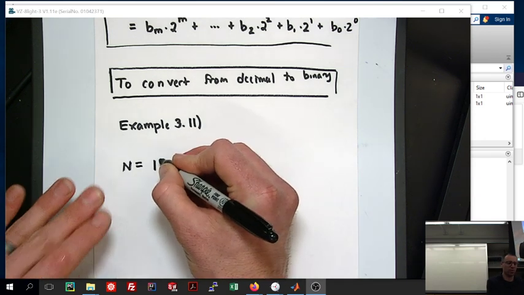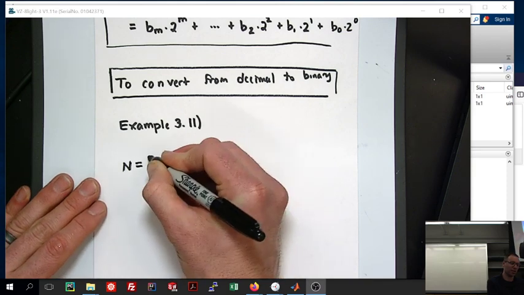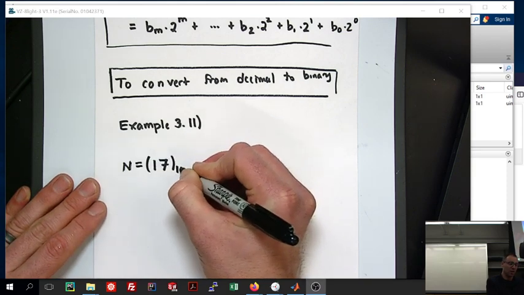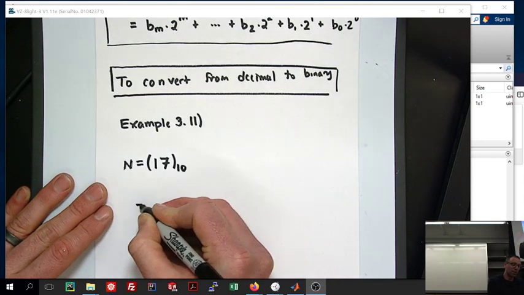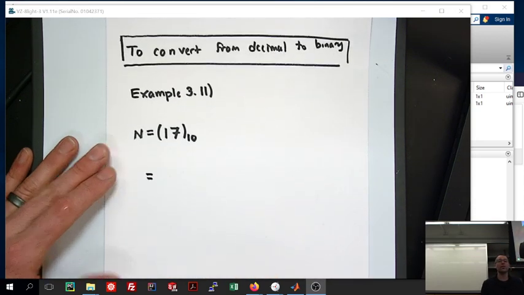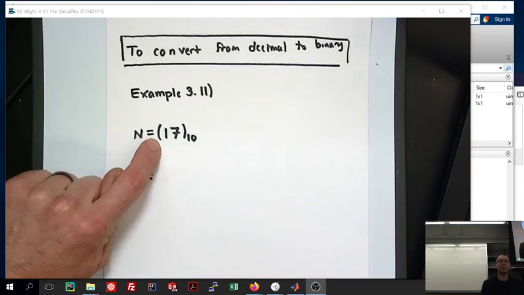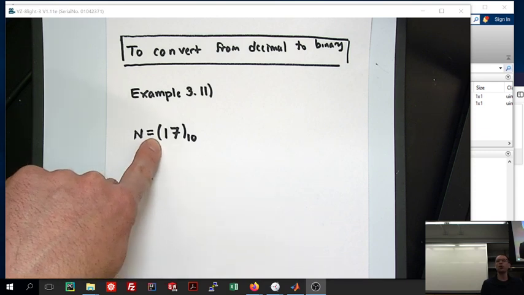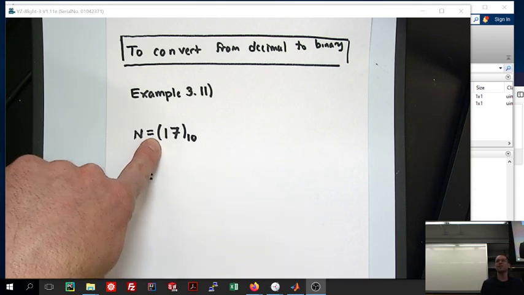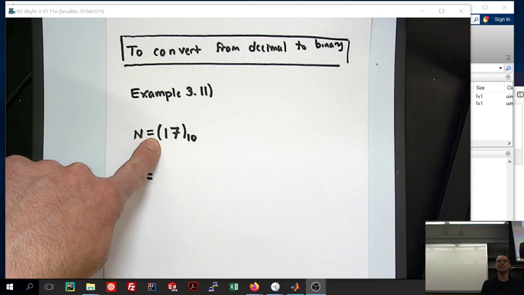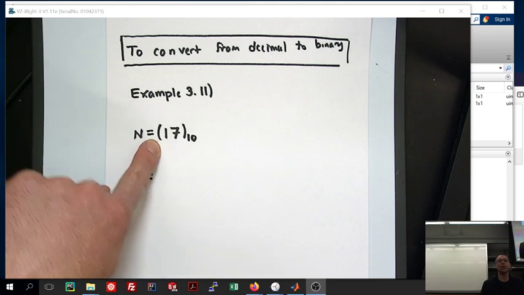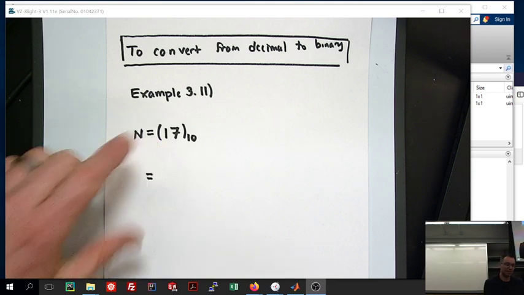I wanted a 2-digit number is what I was saying. 2 digits, sorry. You got it. Okay. So one really, really easy way to do this, find the biggest power of 2 that's less than this. So what's the biggest power of 2 that's less than 17? 16.